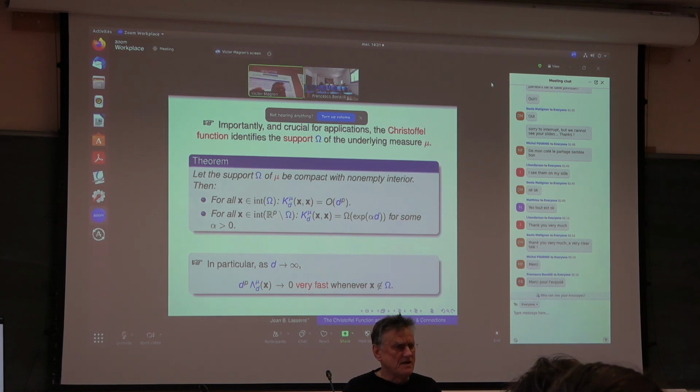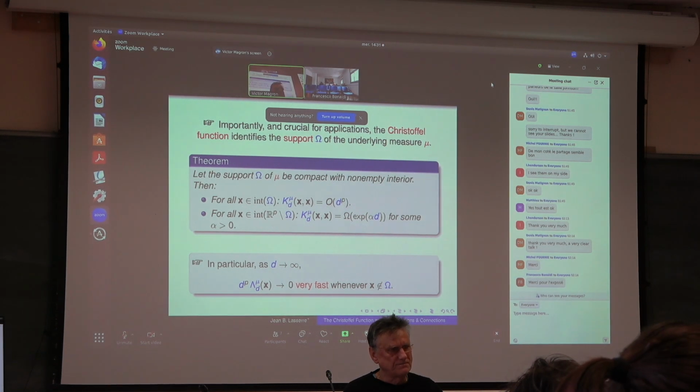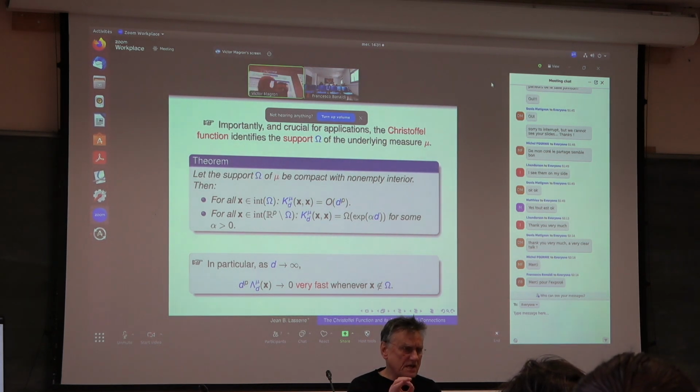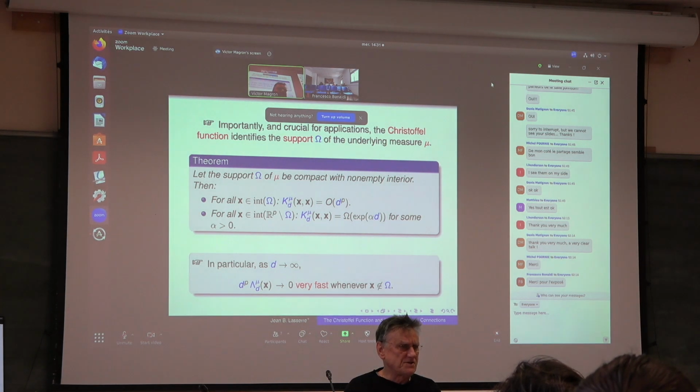This increase has a dichotomy property depending on whether you evaluate your Christoffel function inside omega or outside omega. Okay? So when you evaluate the Christoffel function, or the inverse of the Christoffel function K mu d of x,x, at a point which is inside the set omega, you fix x in the set omega, and you look at K mu d of x when d increases. This growth is no more than polynomial in d.